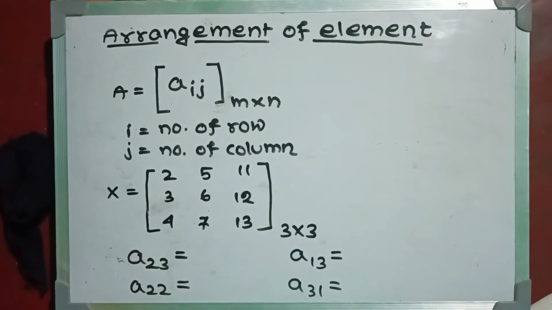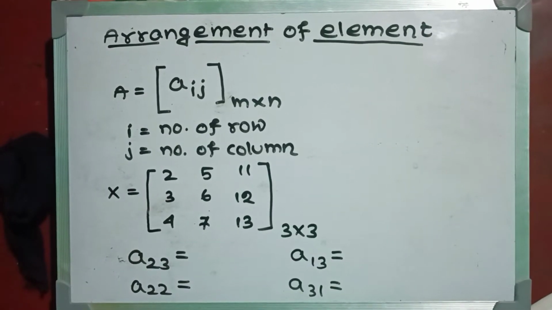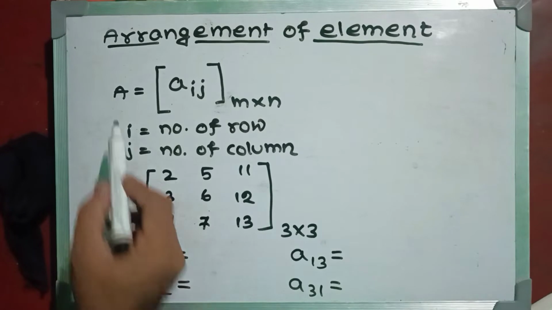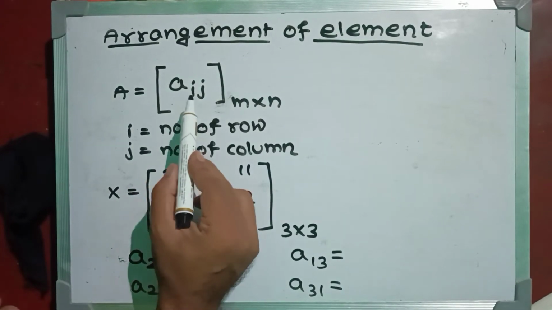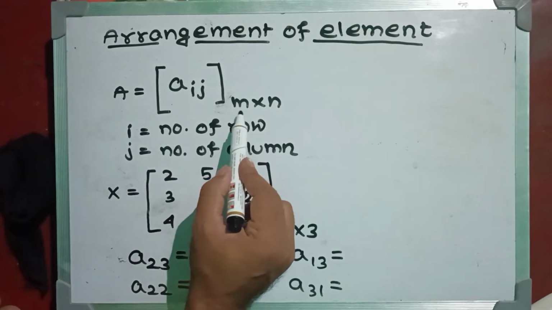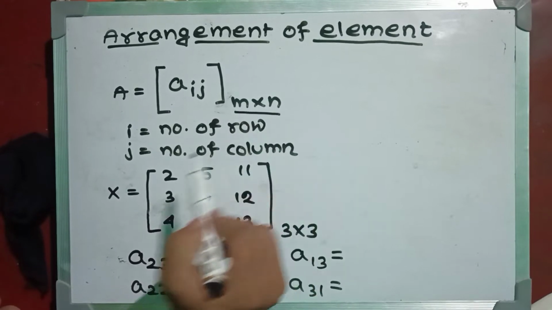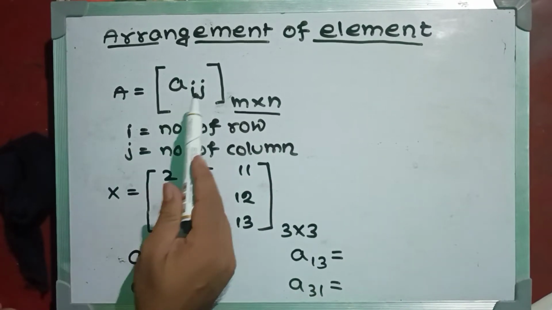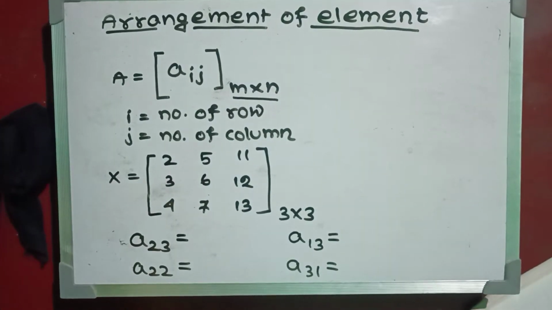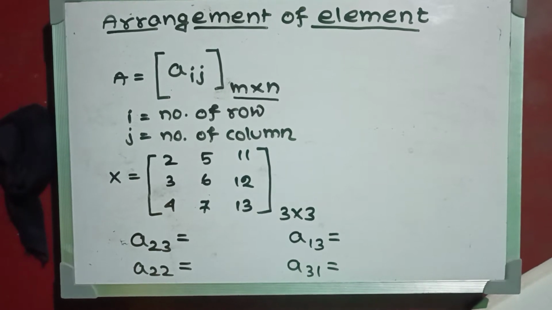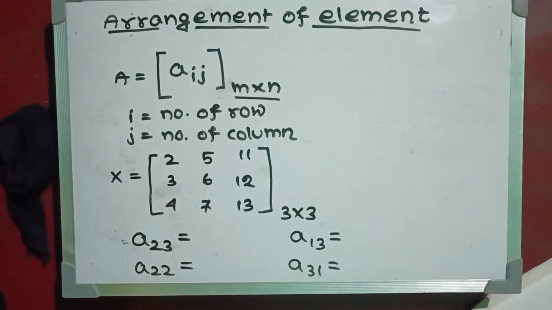Now we will see how the elements can be arranged in a matrix. I have written matrix A as [a_ij], and the matrix is of m cross n order. Here i means the row number and j means the column number.